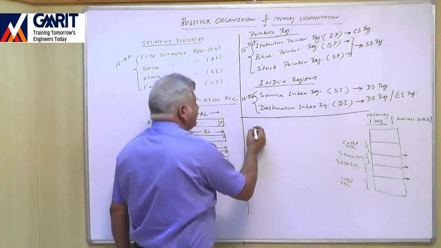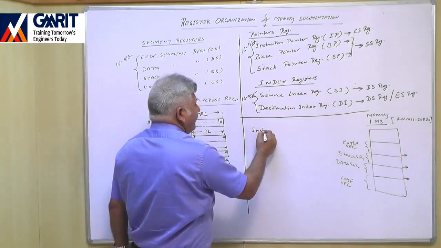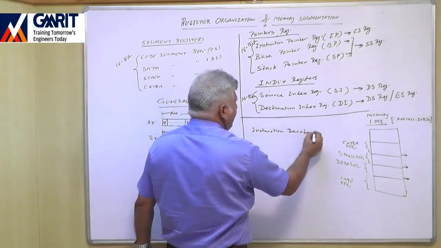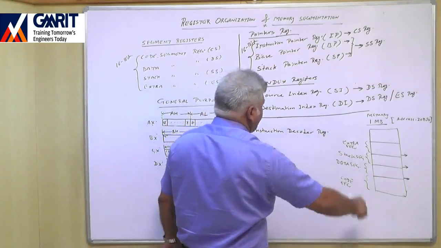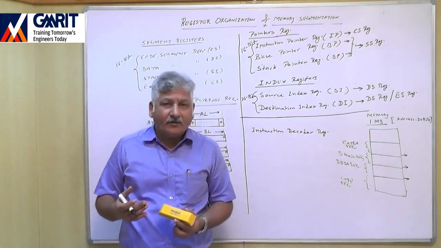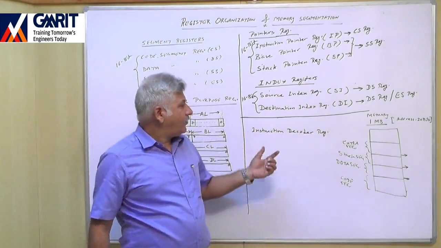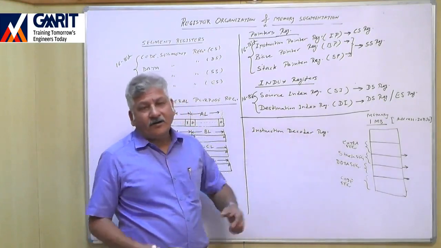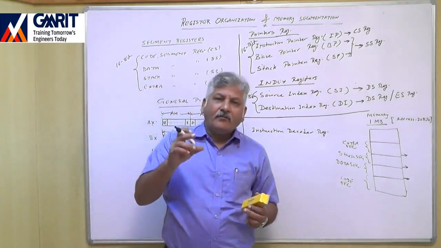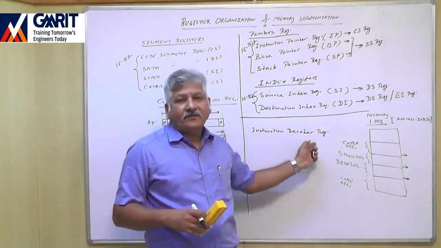And there is the instruction decoder register. Whatever instruction we fetch from the memory goes to the decoder section. In the decoder section there is an instruction decoder register, and it will be stored there. After that, the decoder will decode the meaning of the content of this register.